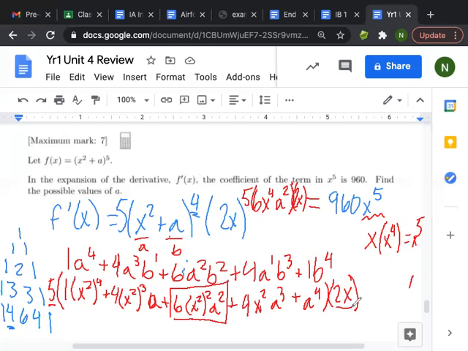I know all this is super gross, but so then you did 6x to the fourth a squared equals x to the 5th. So now I'm going to simplify this. I have 5 times 6 is 30, times 2 is 60. X to the fifth, sorry.